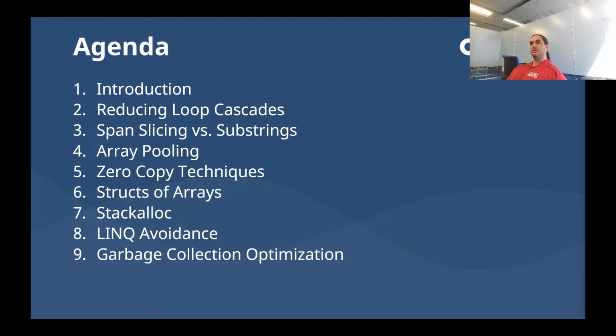We're going to look at loop cascades, span slicing, and substrings, some concepts called array pooling, zero copy techniques, structs of arrays. We're going to see what Stackalloc is. We see how and why or when we should avoid LINQ, and general garbage collection optimizations.